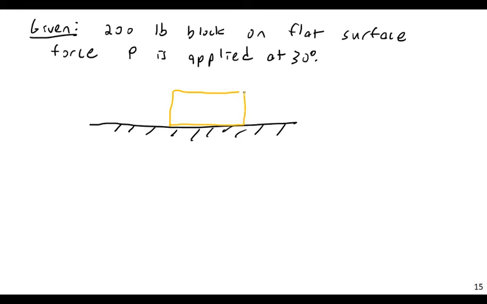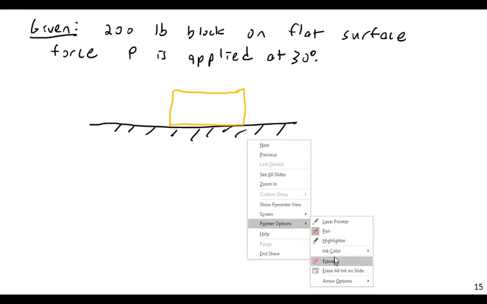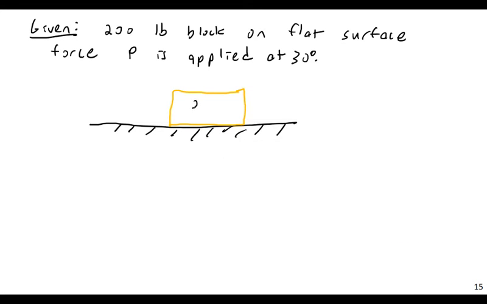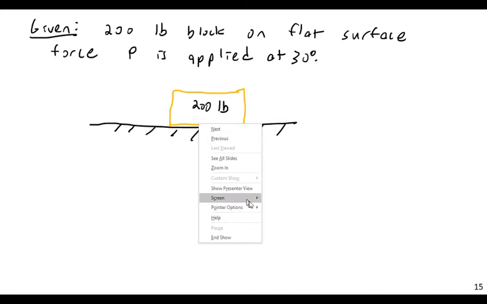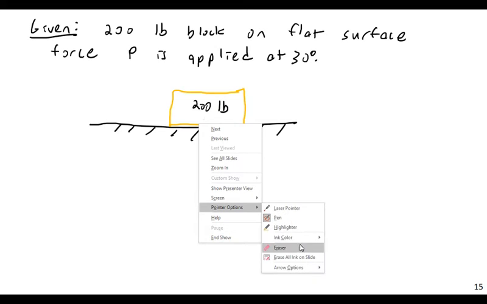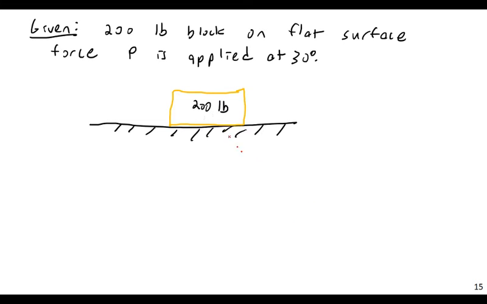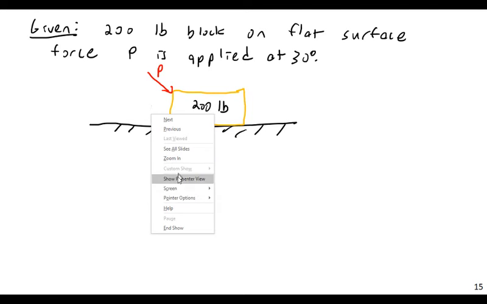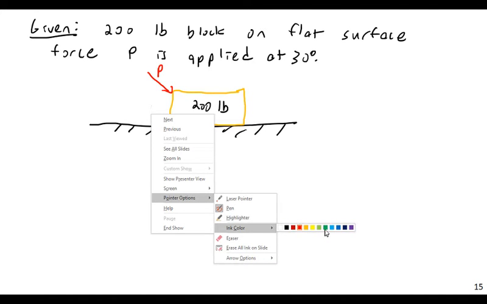And there's a big block of whatever. It's got to be something heavy, though, because this thing does weigh 200 pounds. And there's going to be a force P here, applied at an angle of 30 degrees.